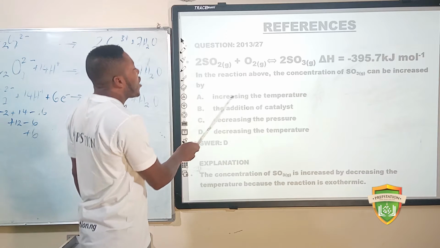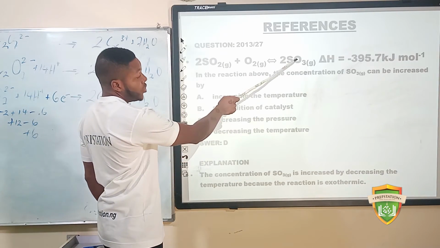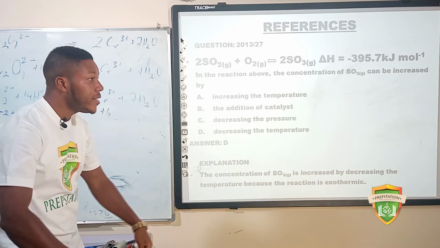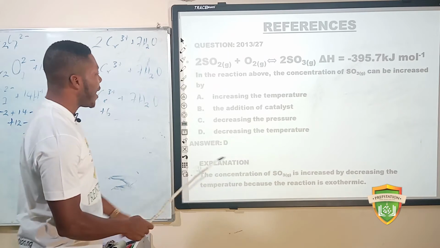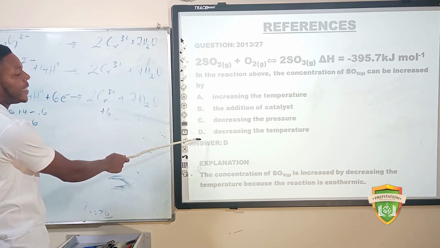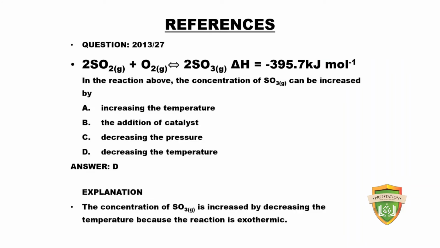Are you going to increase the temperature in an exothermic reaction to favor the forward reaction, or are you going to decrease it to favor the backward reaction? So between A and D, the answer here is D. Why am I choosing D? Because the concentration of SO3 is increased by decreasing the temperature, because the reaction is exothermic.